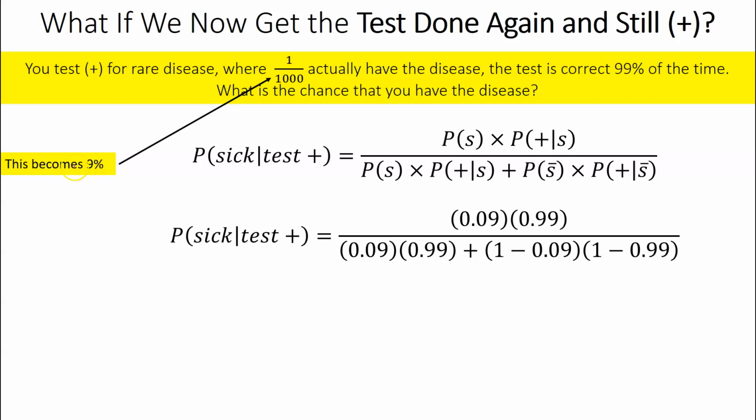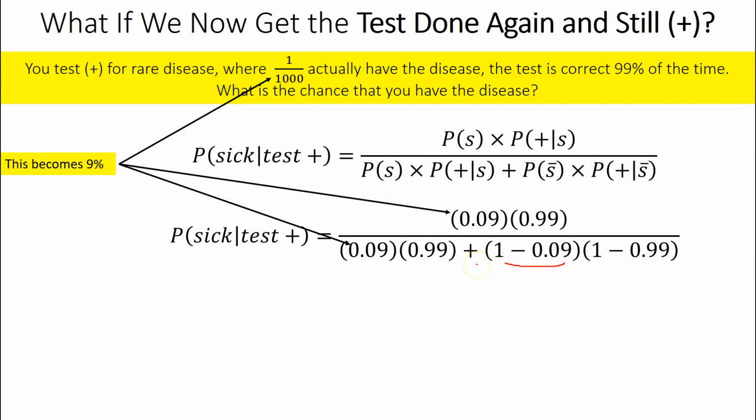So we're going to change that because now we've got an updated percentage. Notice right here, this got updated, so did this. The accuracy of the test, or the sensitivity, did not change, but the prevalence gets changed. And so then, of course, the probability of not right here will also get changed.